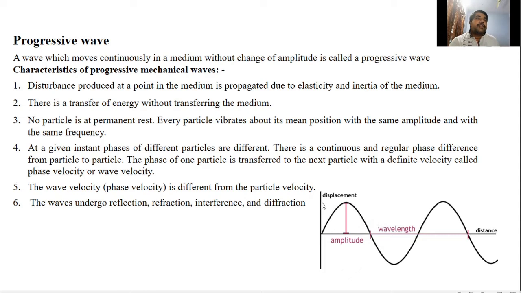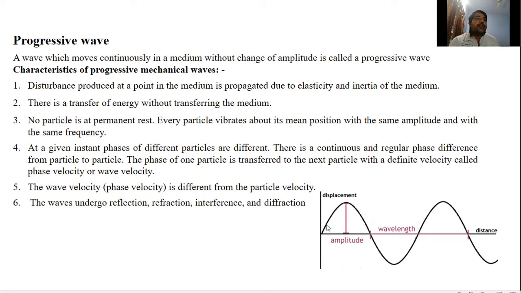So that's why here no particle is permanently at rest. At a given instant, the phases of different particles are different. There is a continuous and regular phase difference from particle to particle. The phase of one particle is transferred to the next particle with a definite velocity called phase velocity or wave velocity, which means that when a particle starts vibrating about its mean position, it transfers the energy to the next particle.